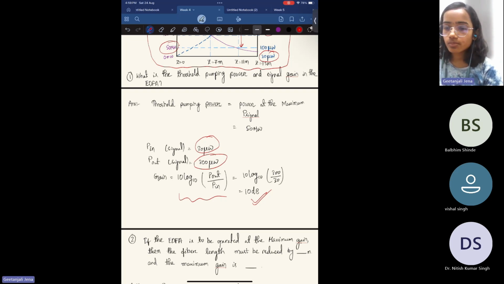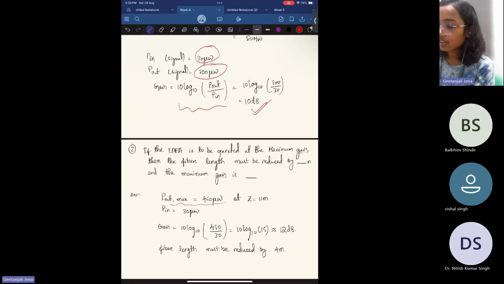if the EDFA is to be operated at the maximum gain, then the fiber length must be reduced by how many meters? And what is the maximum gain? The maximum signal power is 450 microwatt around Z equal to 11 meter. The P in is already 30 microwatt, so it is 10 log 10 of 450 by 30.